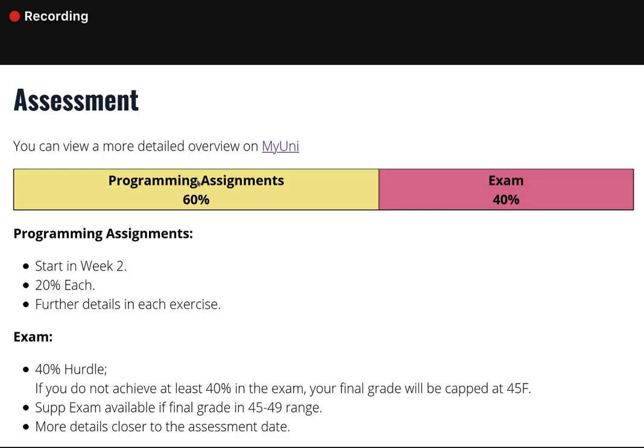So it does have a hurdle. If that's the case for you, that particular scenario, you would be offered a supplementary or replacement exam. And anyone whose grade falls in the 45 to 49 range is going to automatically get a chance to take the supplementary exam. In terms of the exam structure and content, there'll be a few more details on that closer to the assessment day.